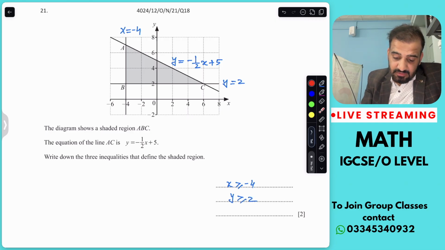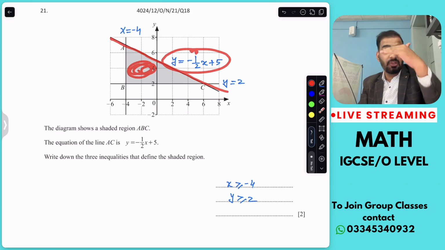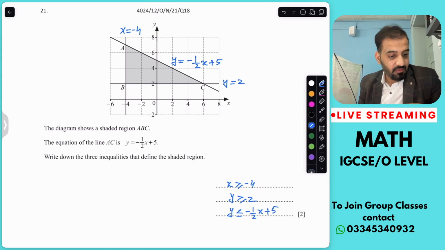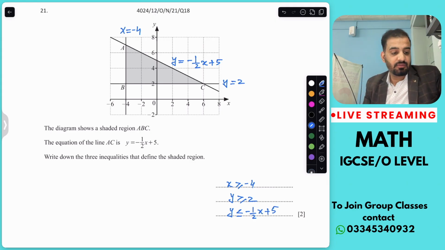And if you look at the shading, this shaded portion is below that line. So you will write y less than or equal to minus 1 over 2x plus 5. That's it.